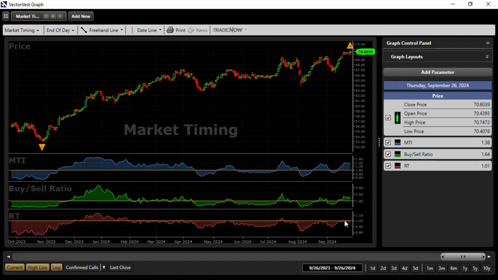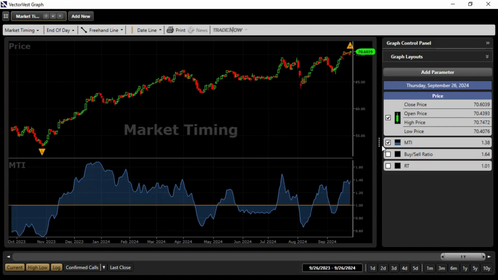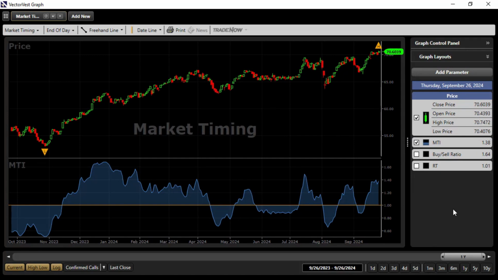And for this conversation, I want to focus on the price of the VectorVest composite, what the broad market was doing, and our MTI indicator. So I'll remove the buy-sell ratio and our T, and let me drag this over a little bit more so we get more real estate. The MTI's job is to identify the underlying trend of the market. And remember, we're on that 0 to 2 scale, so this orange line at 1 is neutral.